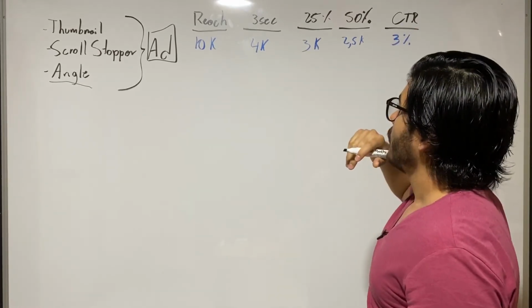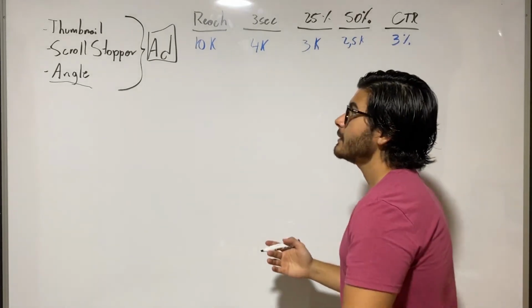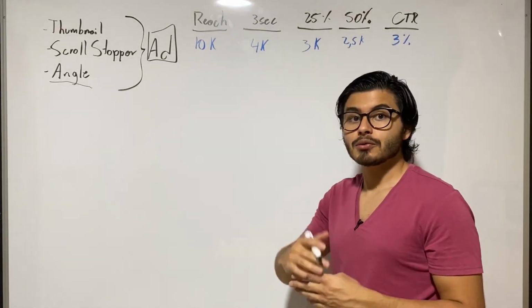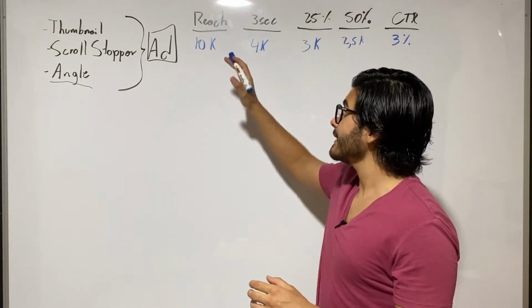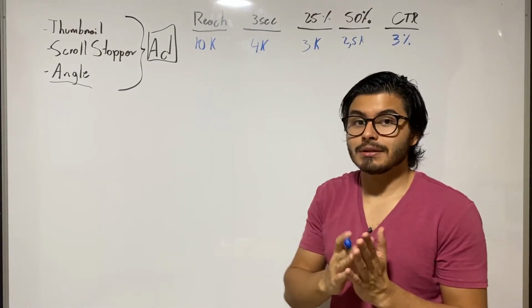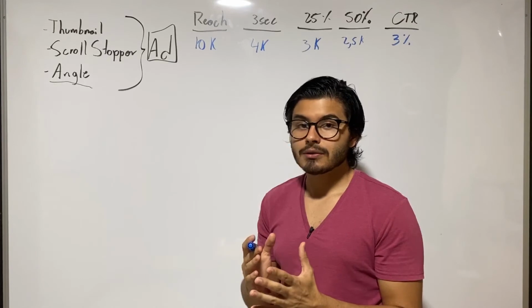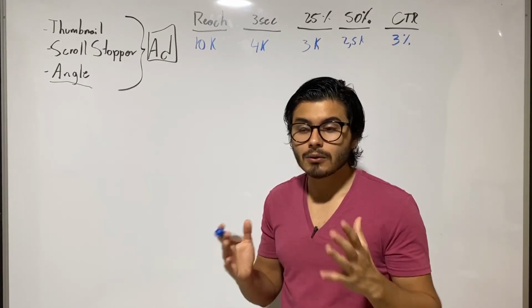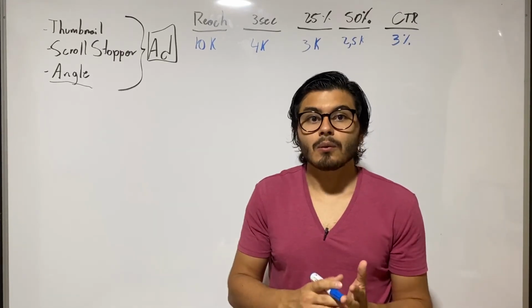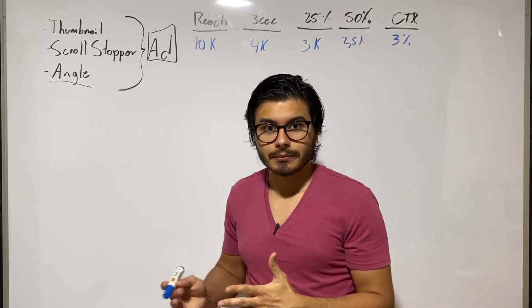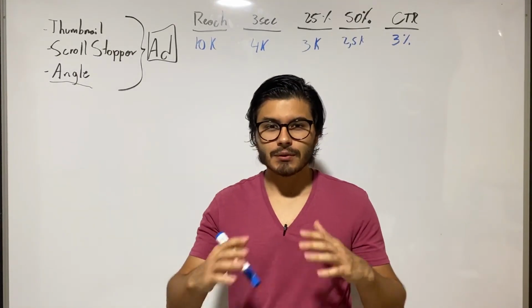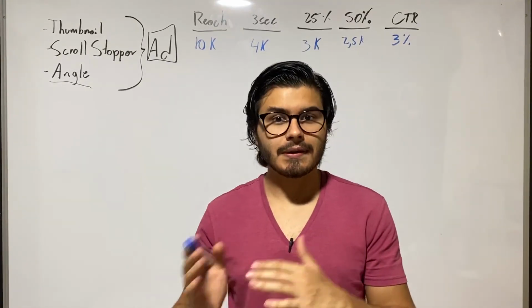So we now understand how to create a better ad. By reading the data, by reading what the audience we are targeting is actually telling us, we are going to find out what things are going to work and what things are not. Okay, so the secret to creating better ads is just reading data.